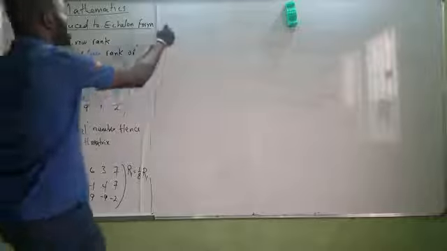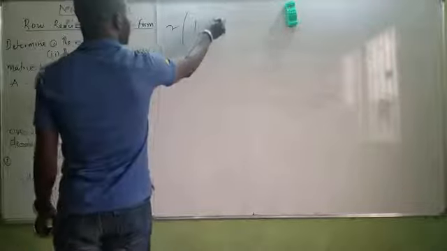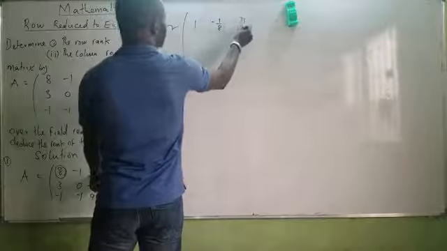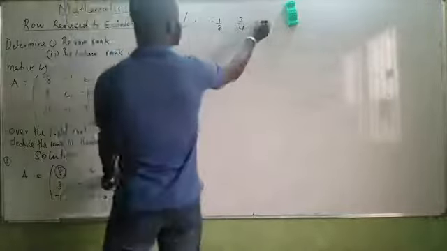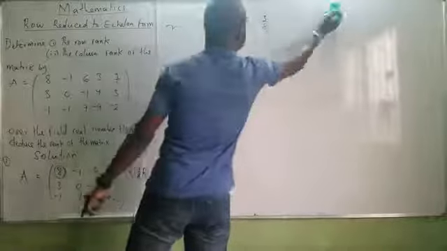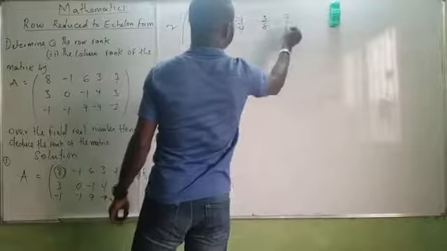It means I will now have 1, minus 1 over 8, here will be 3 over 4, here will be 3 over 8, and here will be 7 over 8.